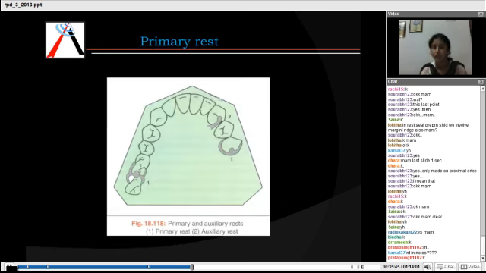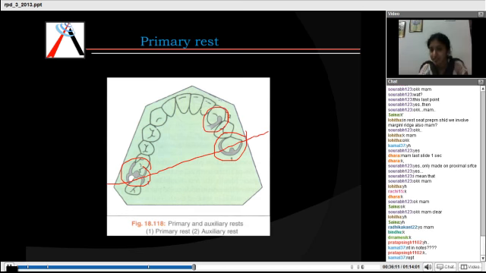Okay, so we come to primary rest. Now what is primary rest? Okay, this is your primary rest. Whatever is there in the fulcrum line is your primary rest. But to prevent rotation of the denture in the fulcrum line, we need to give an additional rest.